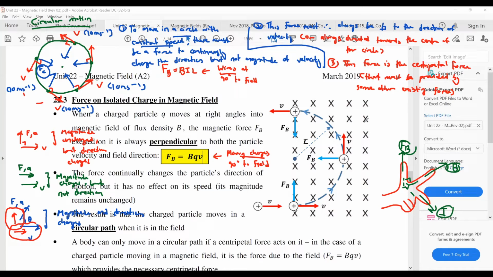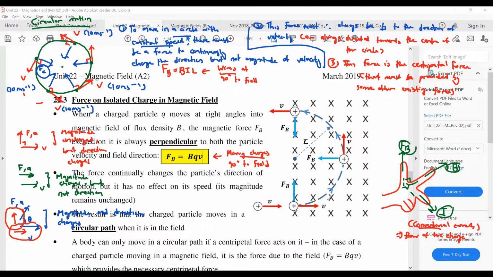This I is actually the conventional current, it is the flow of positive charge. Okay, this is important. You will see later, when you're talking about Fleming's left hand rule, the I is always the conventional current, the flow of positive charge. So it indicates to you the direction of motion or direction of velocity of the charge.